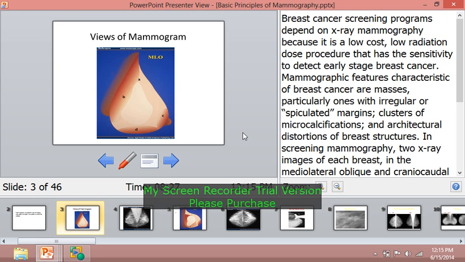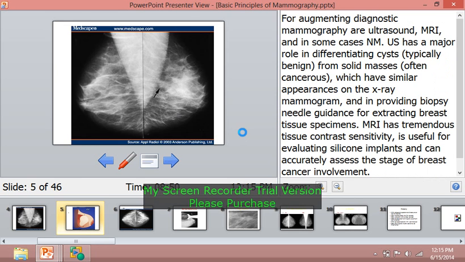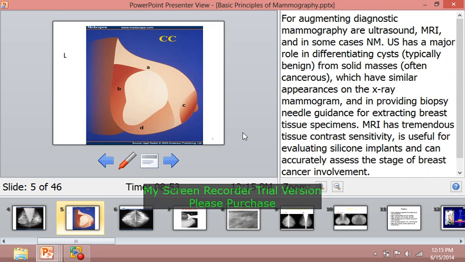So breast cancer screening programs depend on the X-ray mammogram. And here we have the features of breast cancer, that is spiculated margins, clustered microcalcification, architectural distortion of the breast, etc. So this is the MLO view, and here we can see the V shape of the pectoralis muscle, and this is the CC view.